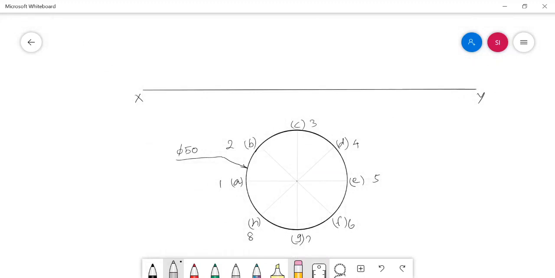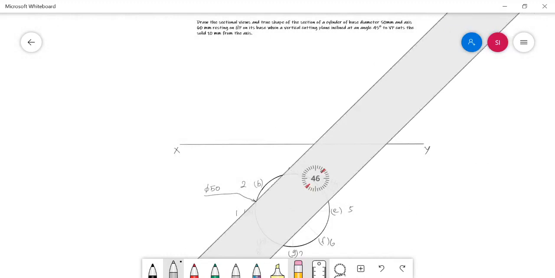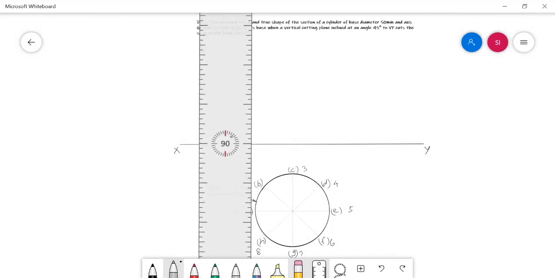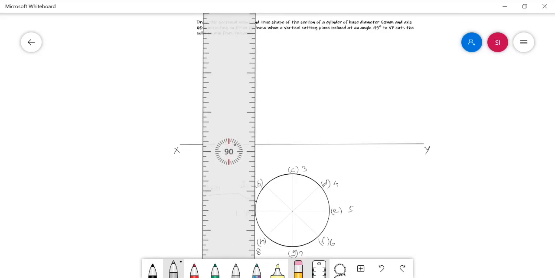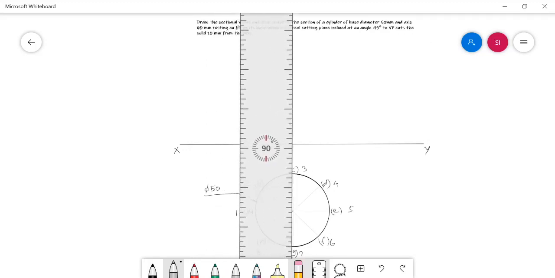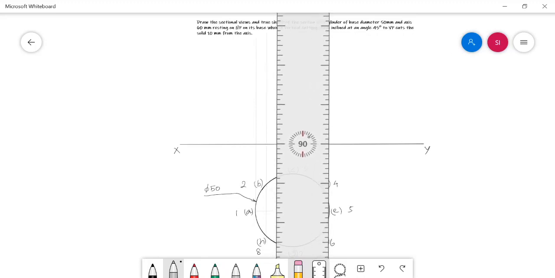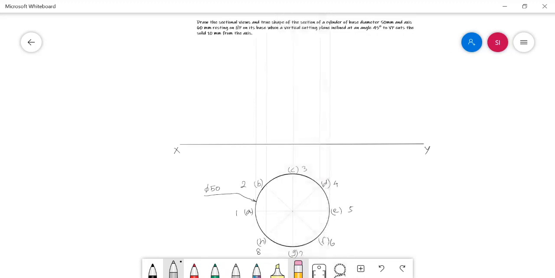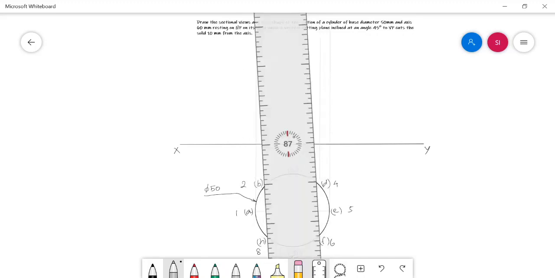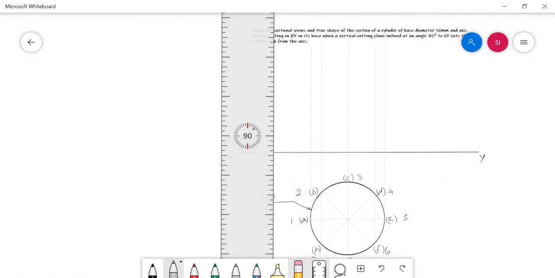And now I need to project the points towards the front view area. The axis height of the solid given is 60 mm.